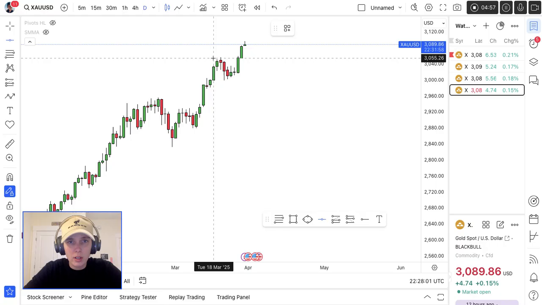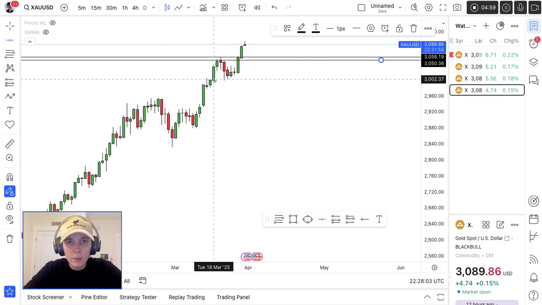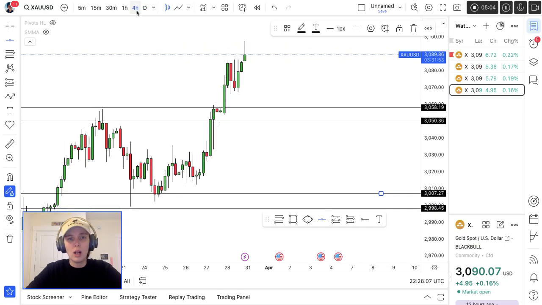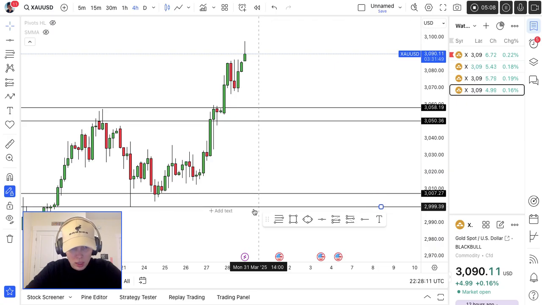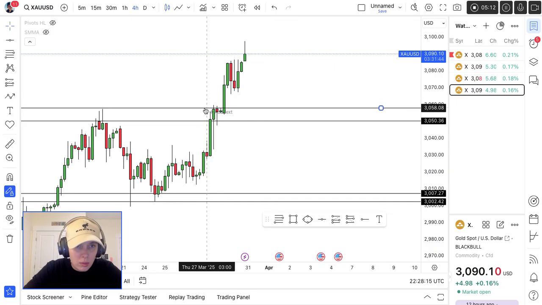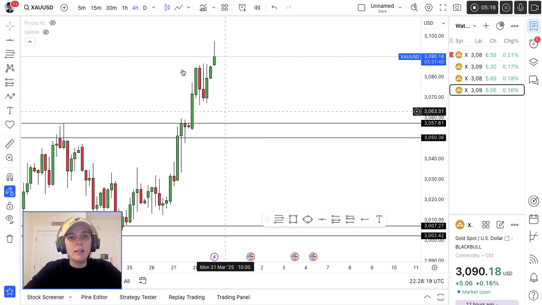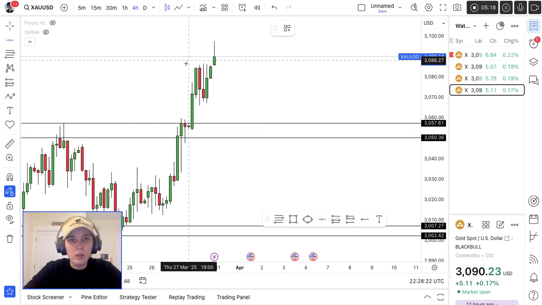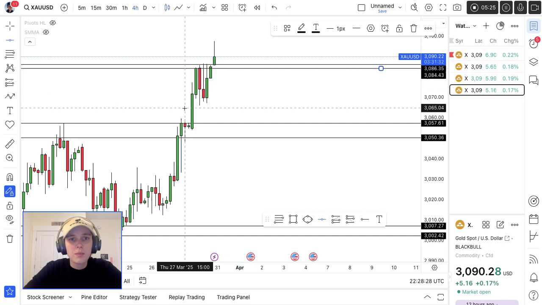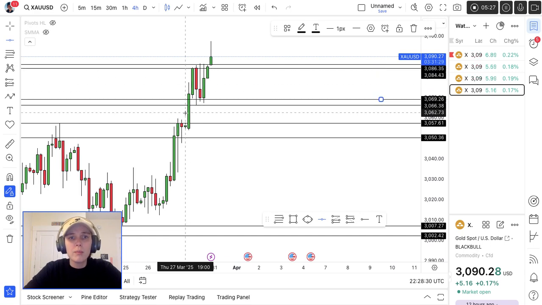So this was our support, and this is our resistance, and then we're going to go down to the 4-hour time frame and do the same thing. We'll just adjust this a little bit there, adjust this one to here. Okay, and then here again, you can see on the 4-hour time frame there is a small resistance and a small support.